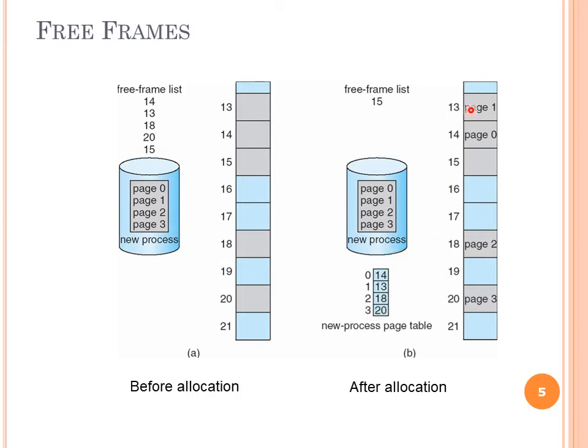So in frame 14 we have page 0, in 13 we have page 1, in frame 18 we have page 2, and in frame 20 we have page 3. This shows how the pages are converted into frames, which is nothing but the actual physical memory allocation.